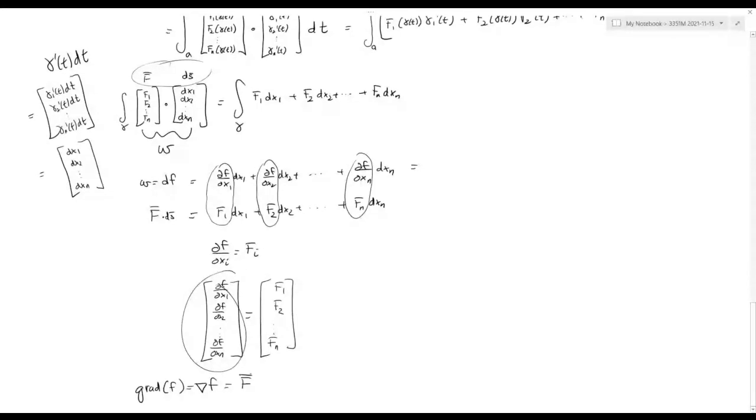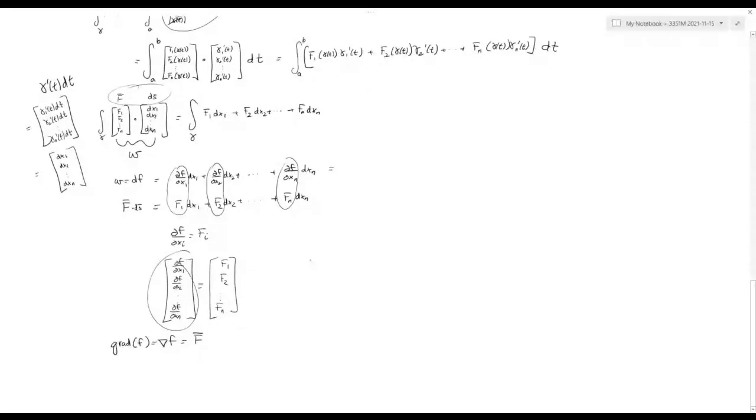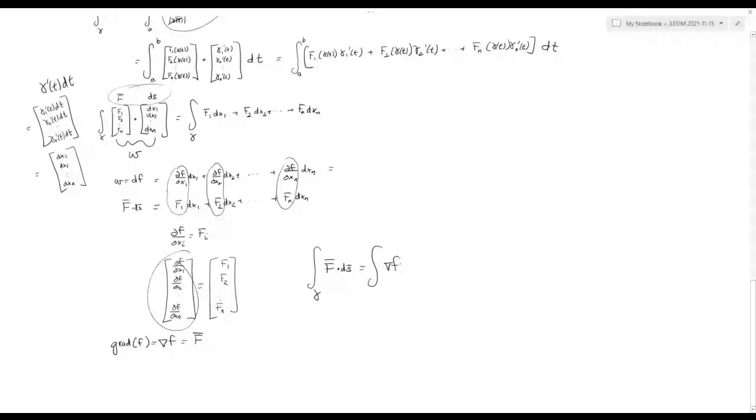Okay, so in that case, the work integral, written as F dot ds, would be the same as the gradient of little f dot ds, right? And this whole thing is nothing but df.